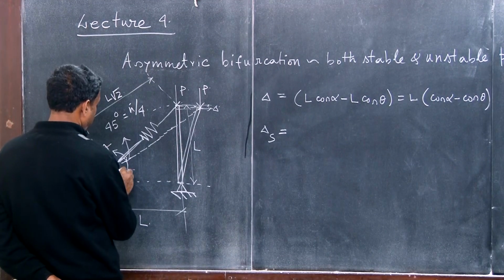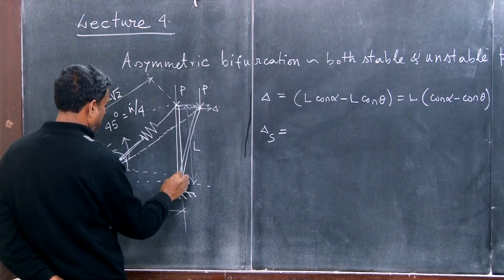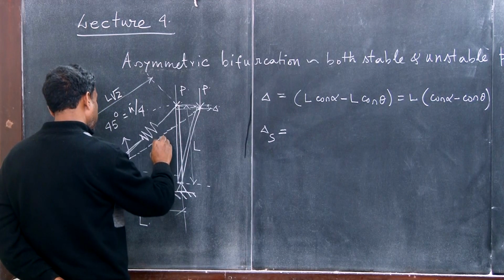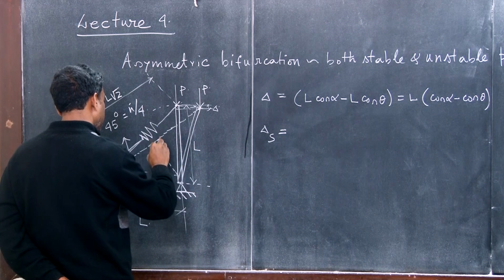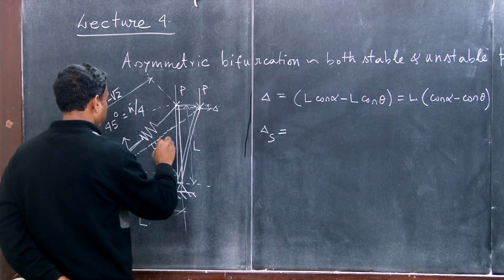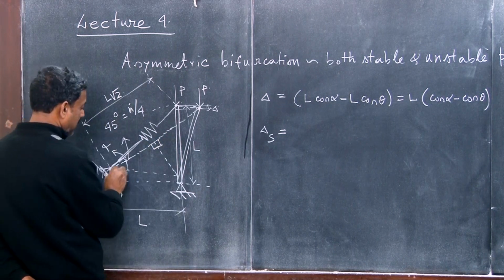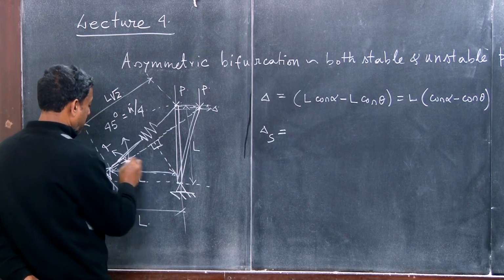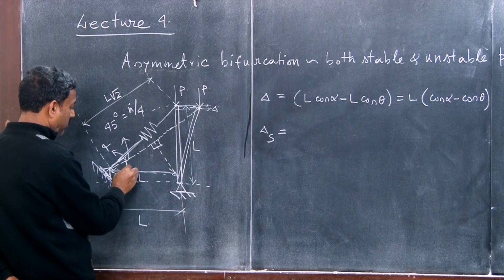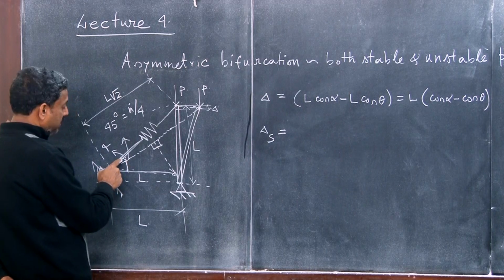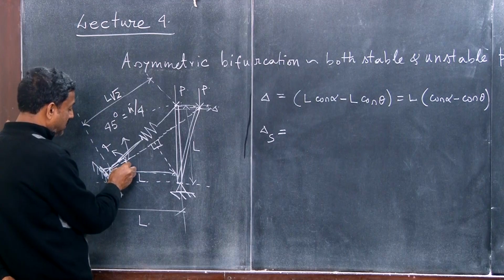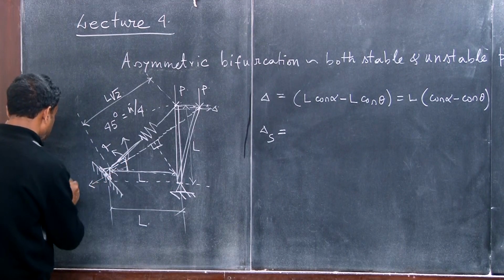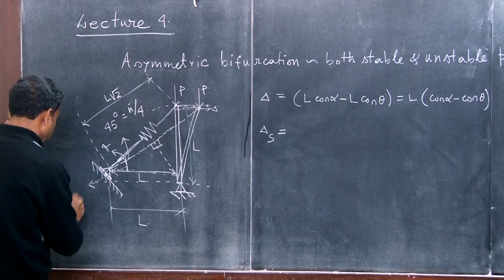So, the way we are going to do is we are considering this length is L, and from here we are going to draw a perpendicular to this angle. Okay, perpendicular. So, if this length is L, this is L, right. Then what about this? See, if this angle is alpha, then this angle is what? This is nothing but pi by 4 minus alpha, right.